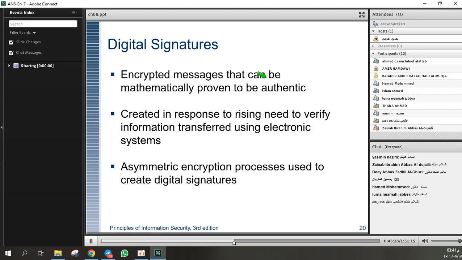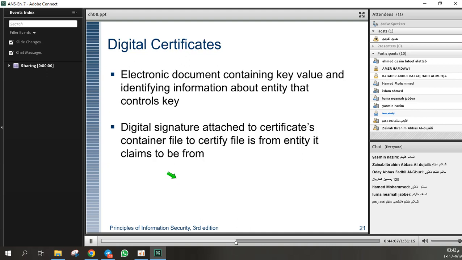A digital signature is something like that. To verify the contents of a contract or a letter, I will sign it with my digital signature. It means that I'm verifying this information, but in electronic format. To do this, we are using asymmetric encryption methods inside the digital signatures.